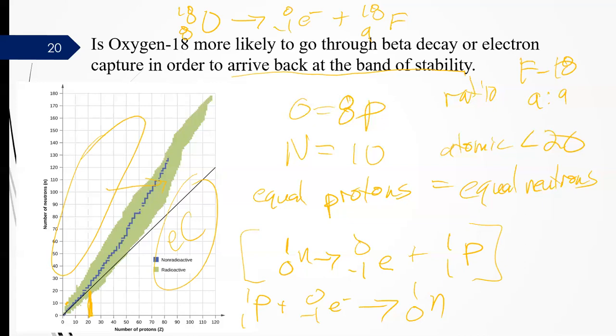Professor, you said this is for atoms less than 20 atomic number of protons. But this applies to all elements, right? Beta decay and electron capture apply to all elements. When you look at the 1-to-1 ratio, that's for atomic numbers less than 20. Okay, so when it's less than 20 protons, it usually is 1-to-1, and you're trying to get them 1-to-1.